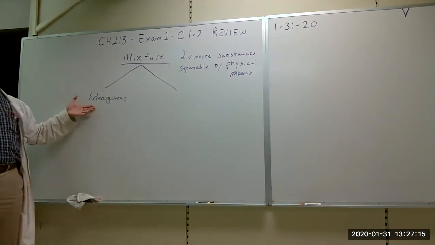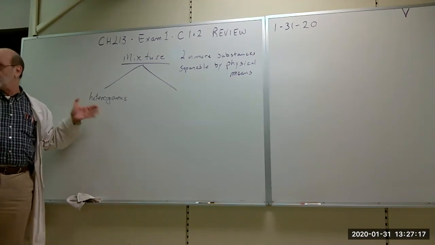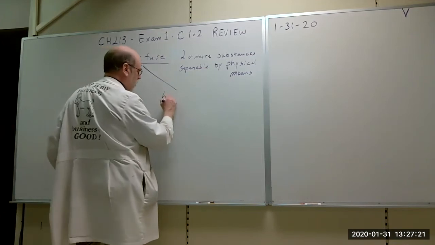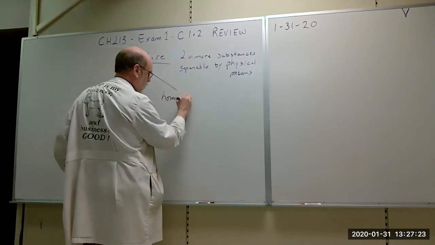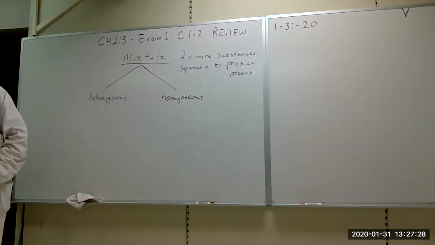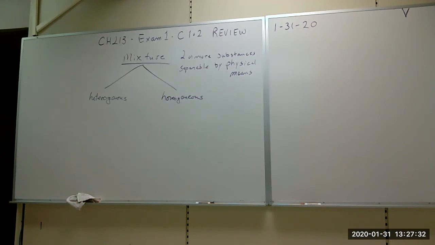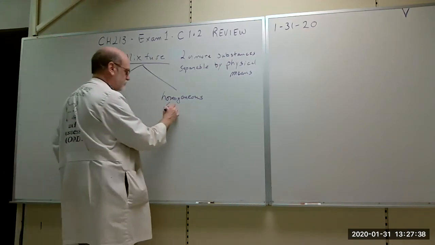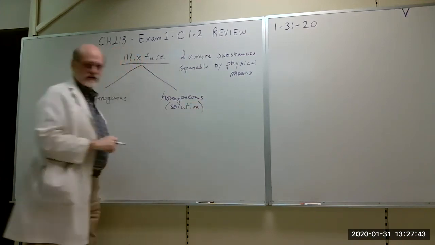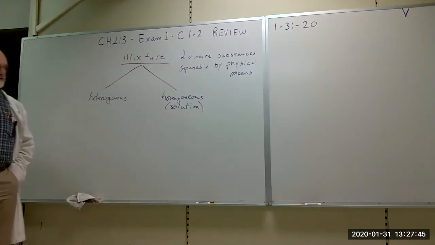In this case, no. There will be different compositions to be heterogeneous. Homogeneous, however, you can sample from anywhere in the bulk, and the composition, the relative percent of each one will be exactly the same. And we have a special name for this one. Solutions. Those are homogeneous mixtures.